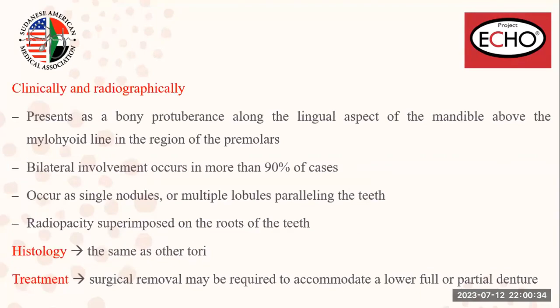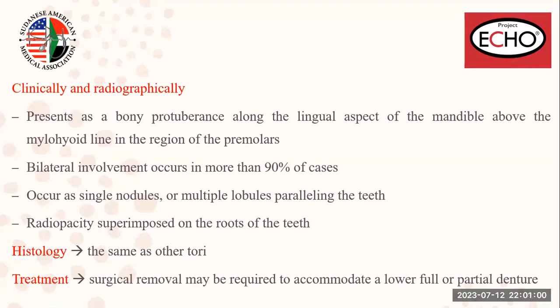They present as bony protuberances along the lingual aspect of the mandible above the mylohyoid line, usually in the region of the premolars. In 90% of cases they are seen bilaterally, and only 10% on one side. It occurs as single nodules or multiple lobules paralleling the teeth.